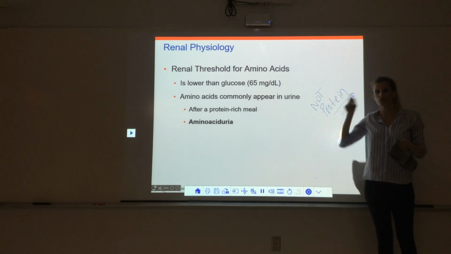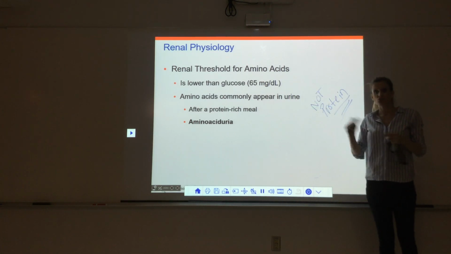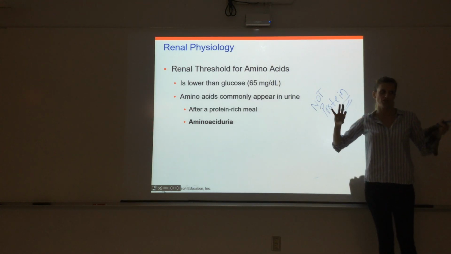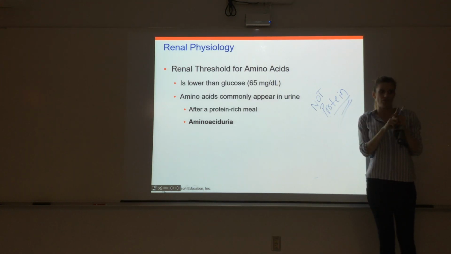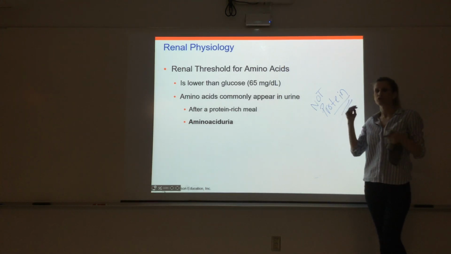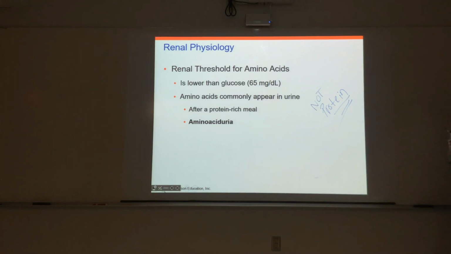If you have actual proteins in the urine, that means you're forcing a very large substance across that filtration membrane somehow. Either the membrane's broken in some way, so there's some sort of kidney damage, or the pressure is so high that it's forcing really big things through the membrane. So really, really high pressures. You can have protein in the urine as well.